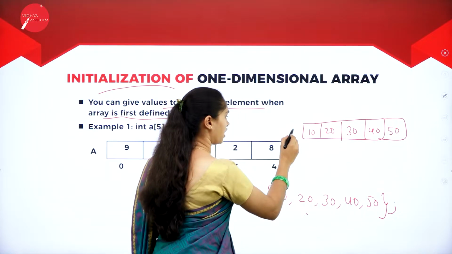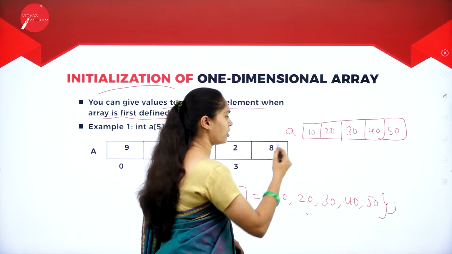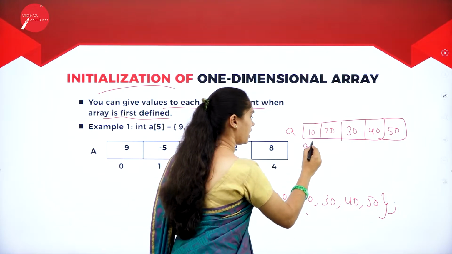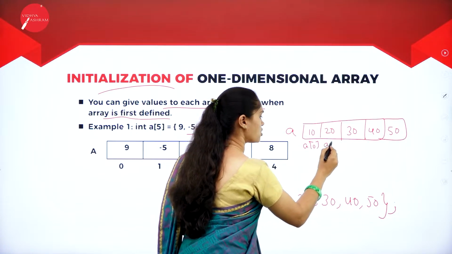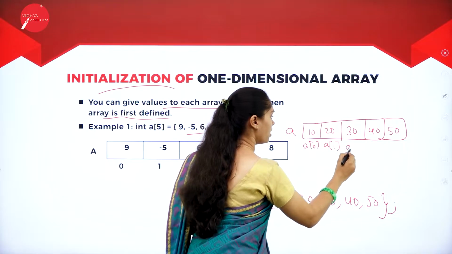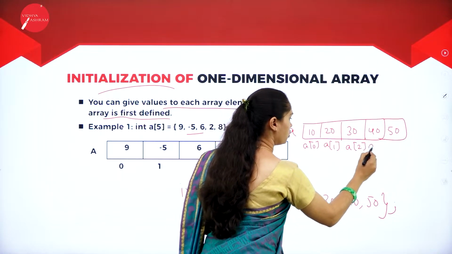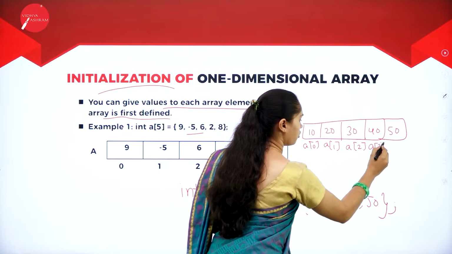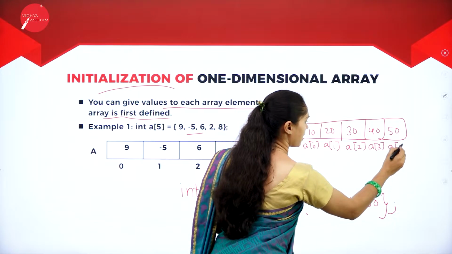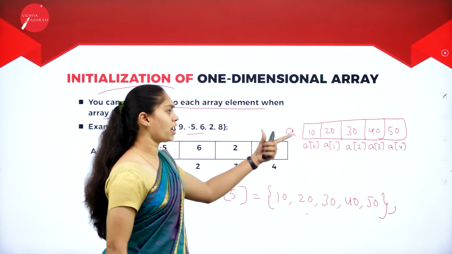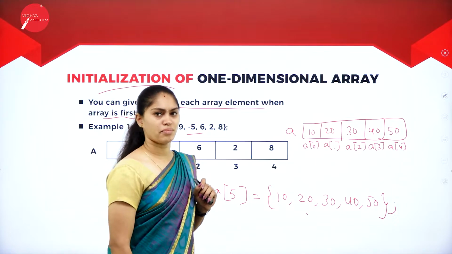What is the name of the array? That is A, right? What is the address of the first element? A of 0, the address of the second element is A of 1, the third element is A of 2, the fourth element is A of 3, the fifth element is A of 4. This is how we represent it in the memory space.